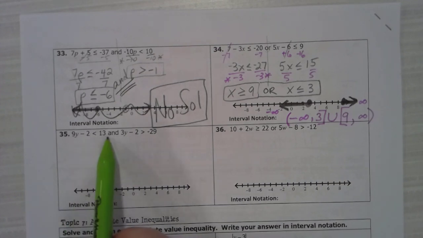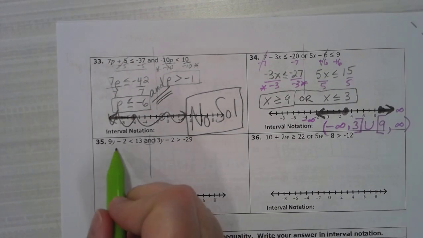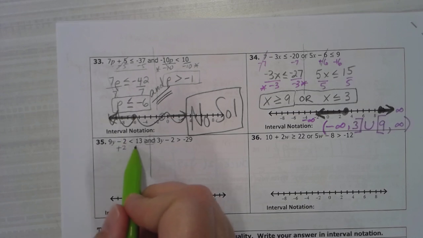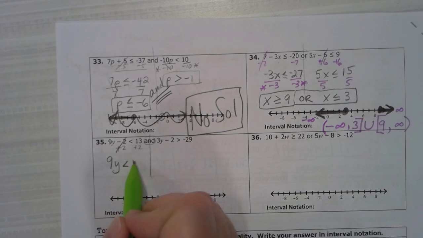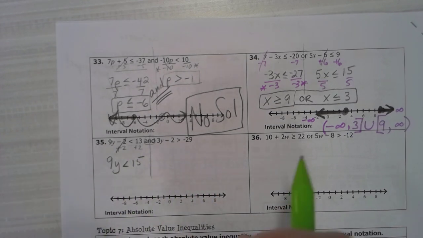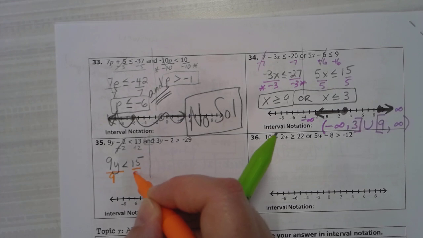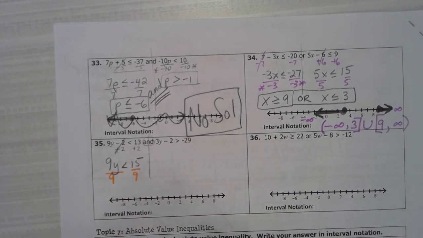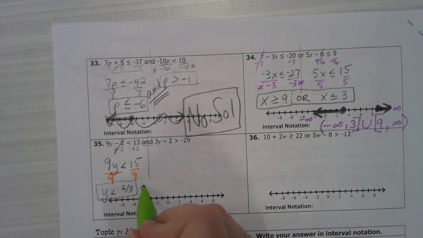All right. This one has the word and. Again, we're just going to do two separate problems. We're going to plus 2 to get the y term by itself. 9y is less than 15. Divide by 9. 15 divided by 9 is 5/3. That's one answer.